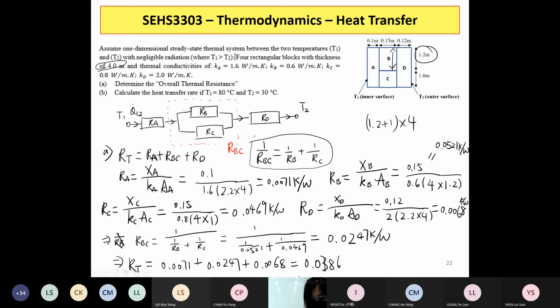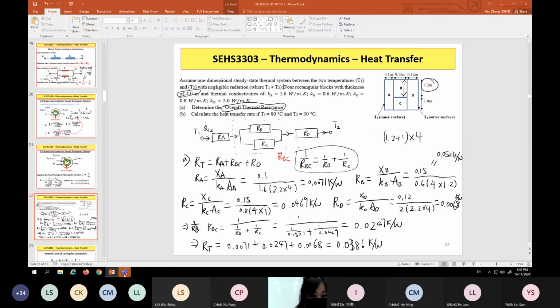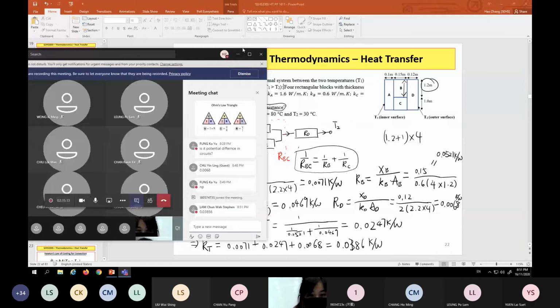This one, right? Yes. Okay, this is RT. This is the overall thermal resistance. Can you follow? Good.